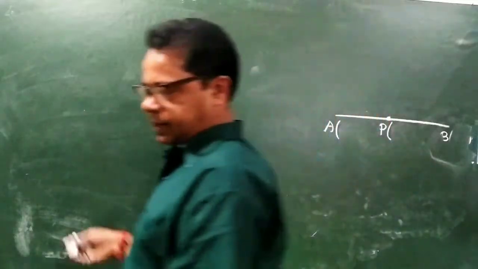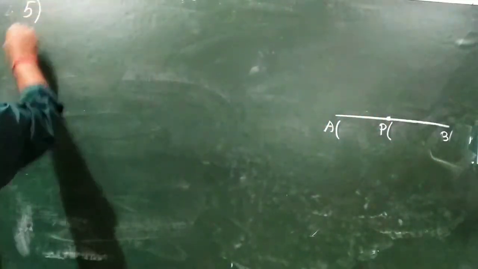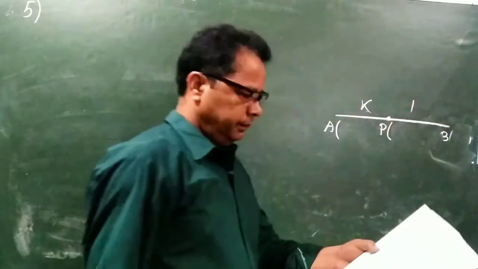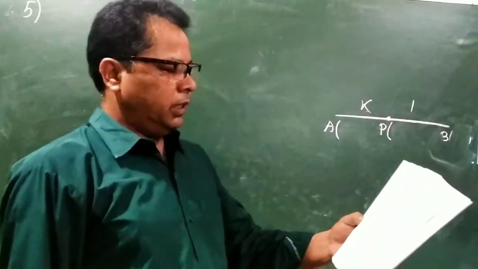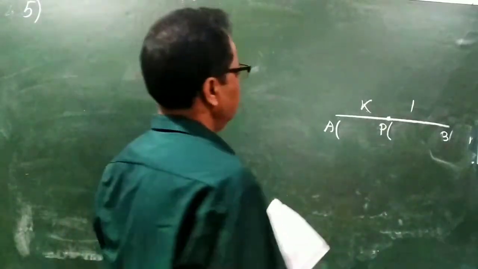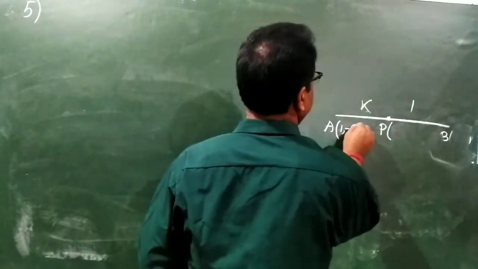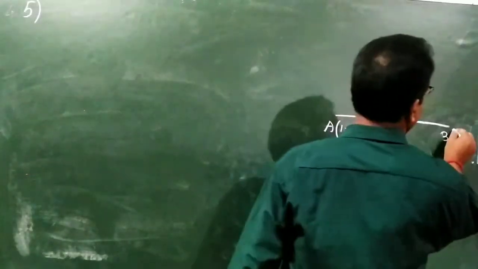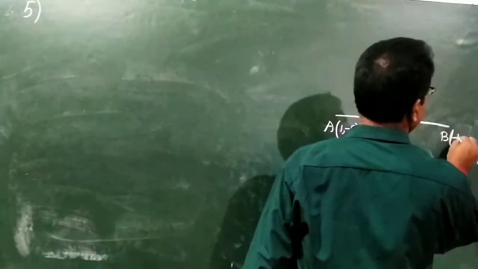Question number 5. So we'll suppose the ratio is k is to 1. Let the ratio be k is to 1, in which the line segment A is (1, -5) and B is (-4, 5).